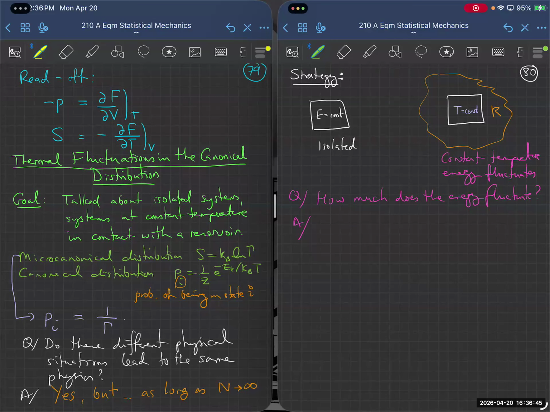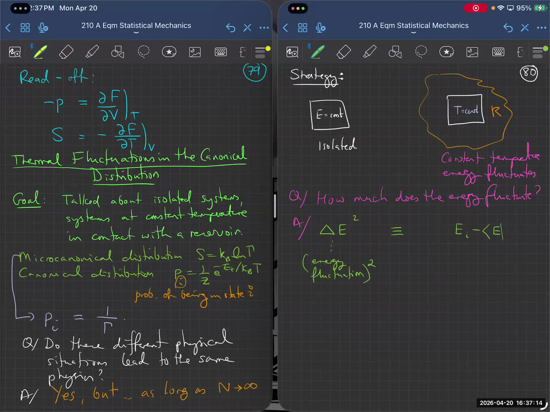So the first thing is I'm going to define a quantity called the fluctuation. This is the energy fluctuation squared. And how do I define that? Well, I take the system in a quantum state and I measure how much its energy is different from the expectation value of the energy.